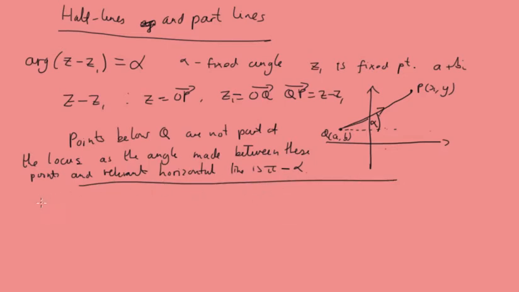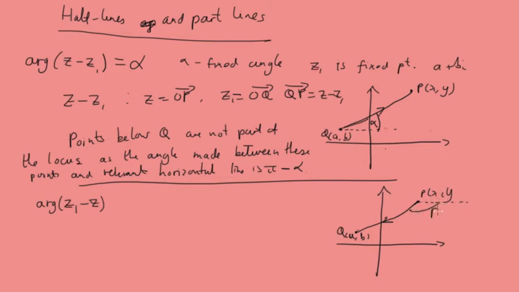But what happens if we have a situation with the argument, and this time it's z1 minus z? So this would look like, so we've got our P here, and here's our Q. So this time we've got our z1 minus z going in this direction, and this time the argument is going to be defined with this angle here, which we're going to call beta.